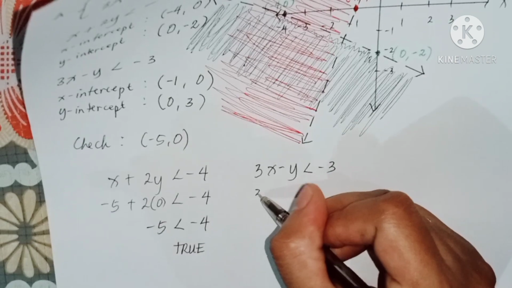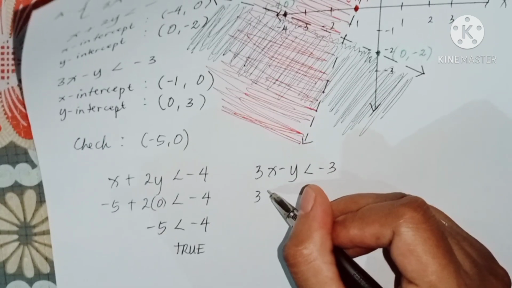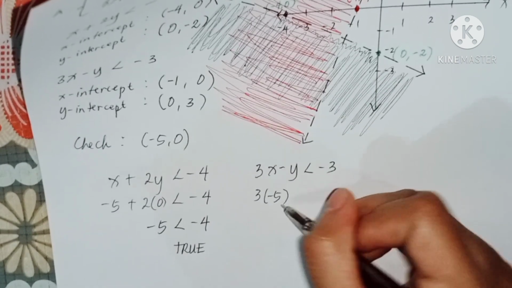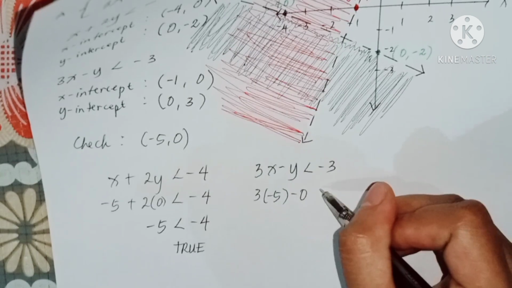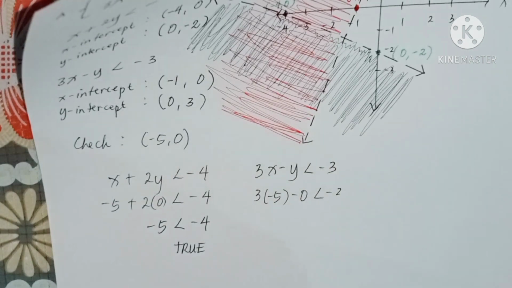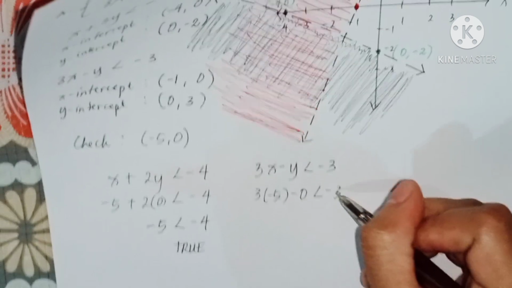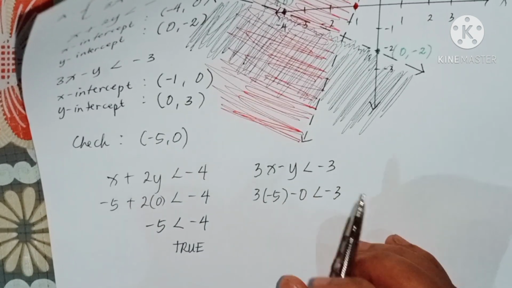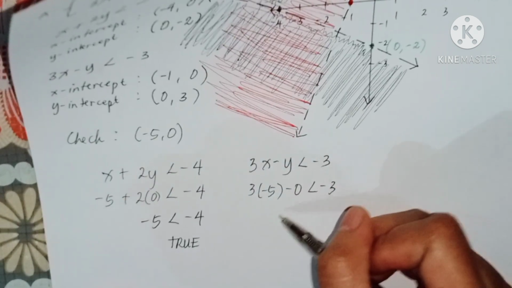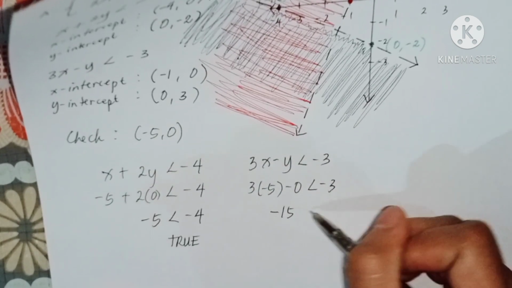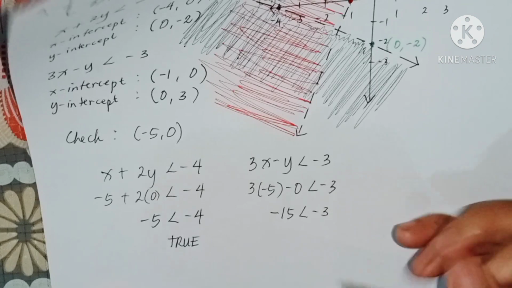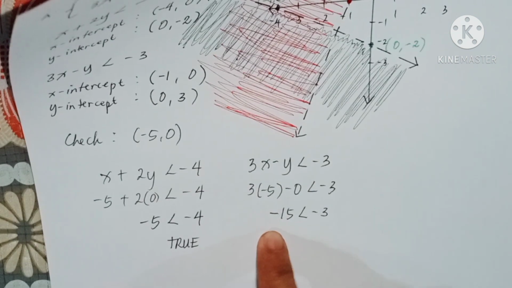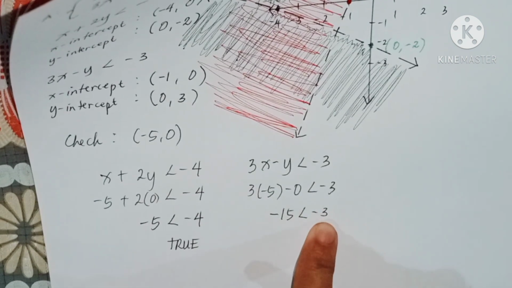So we have 3 times negative 5 minus 0 is less than negative 3. So 3 times negative 5 is negative 15 minus 0. That will give you a negative 15 less than negative 3. Is negative 15 less than negative 3? True.